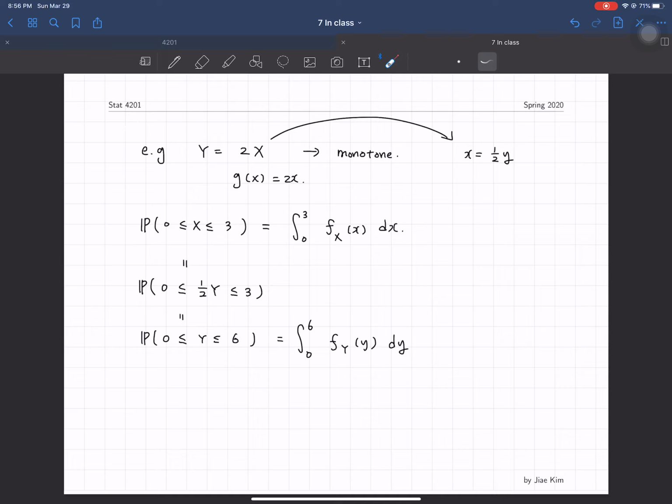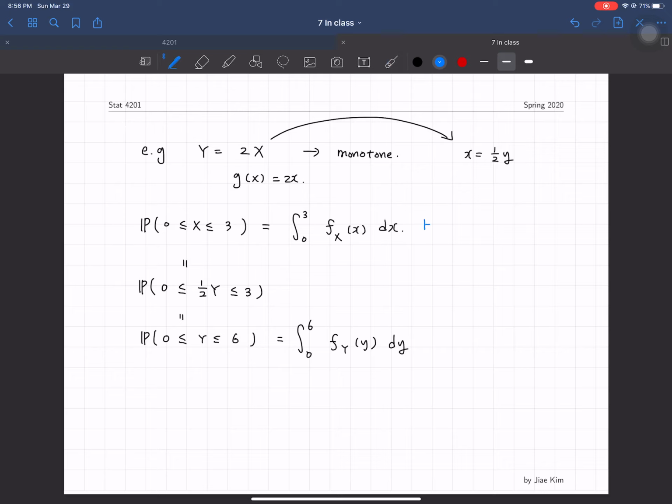Right. So I'm going to go back to this, and instead of thinking of this probability, I'm going to directly transform this integral using the transformation technique we would use in calculus.